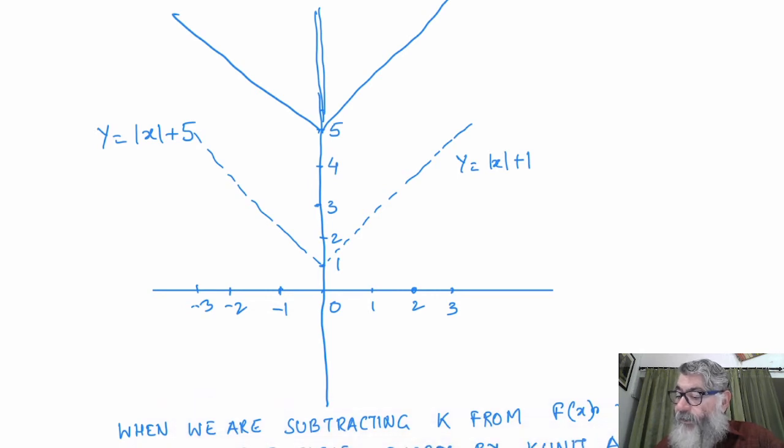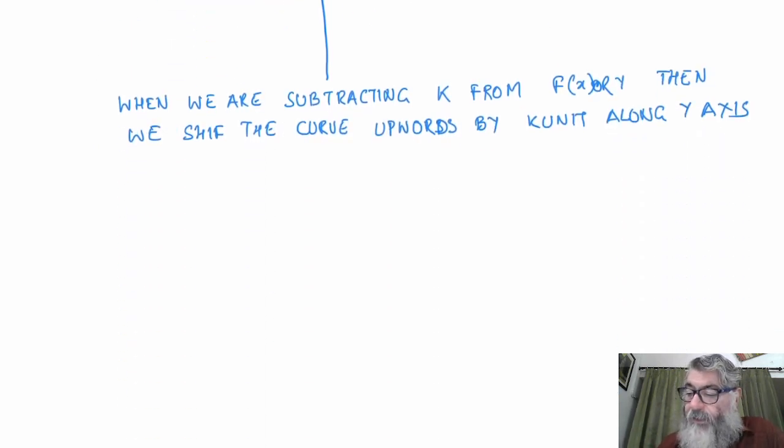I don't want to create confusion for you. f(x) or y is one and the same thing. Now let us see. y is equal to x plus k. Then y minus k will become x.